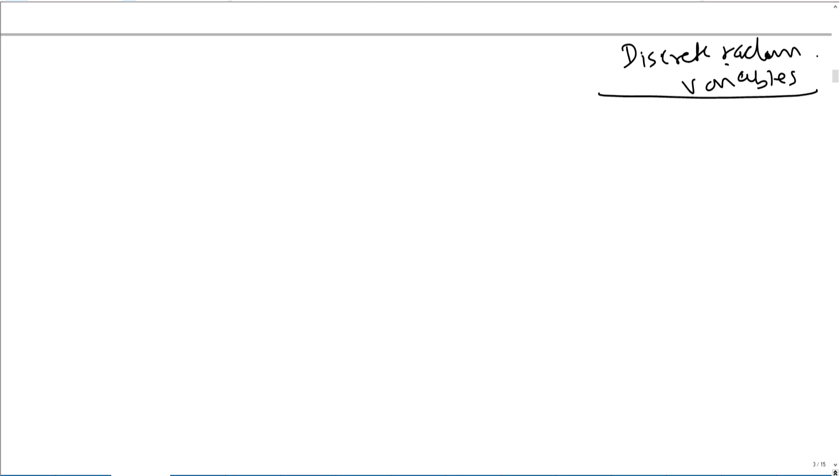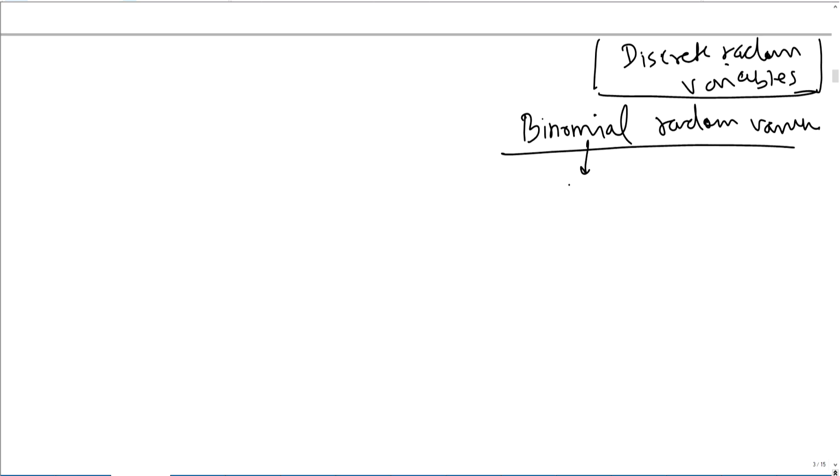They would have a certain kind of probability assigner function, and continuous random variables would have a slightly different kind of probability assigner function. We will see how. Let us start with a very common case of a discrete random variable. It is called a binomial random variable, and the probability assigner function associated with it is called a binomial distribution. Let us see what it is.